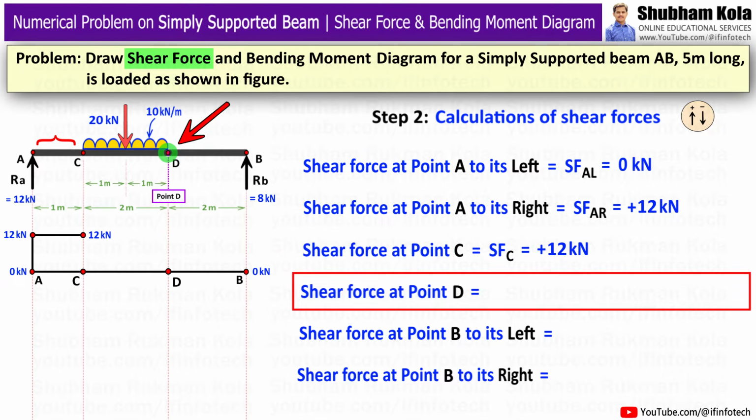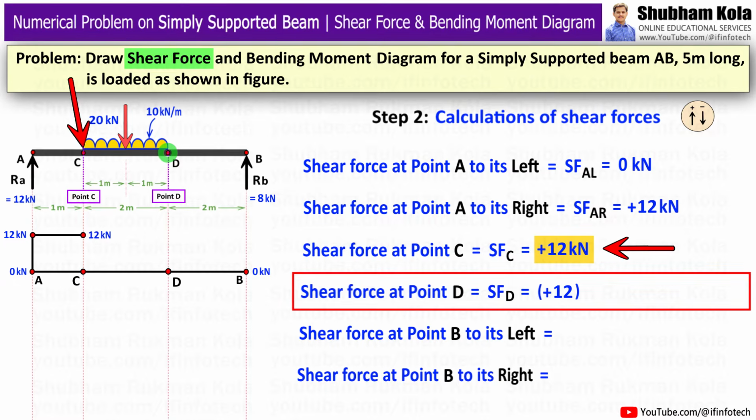Now the point D is the end point of uniformly distributed load. So I am taking section to point D, that is SF at point D equal to, and here I will carry forward previous value of shear force up to point C, which is 12 kN, and to the left side of point D there is uniformly distributed load of 10 kN per meter, which we had converted into point load of 20 kN, which is acting on the beam in downward direction.